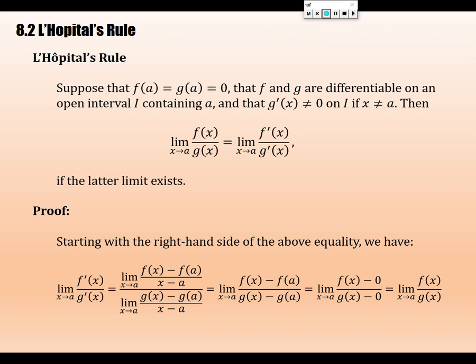Oh, I guess. I don't know. It just doesn't sound like speaking. Then the limit as x goes to a of this equals the limit as x goes to a of this, if the latter limit exists. It's like a clause, right? It's just a clause. Johnny, tell us when you're ready. Okay. Johnny gets to decide.